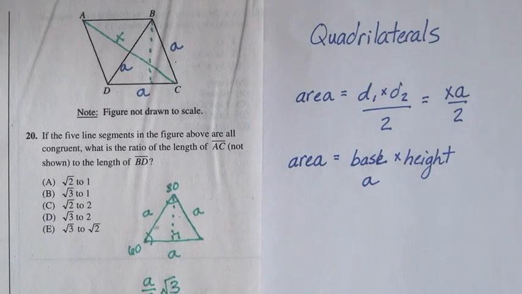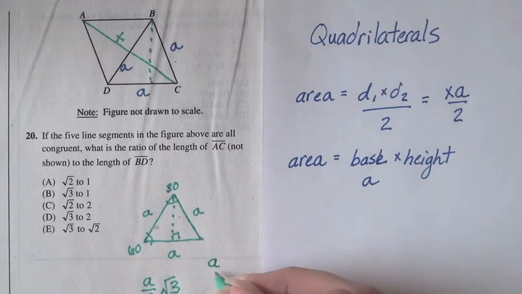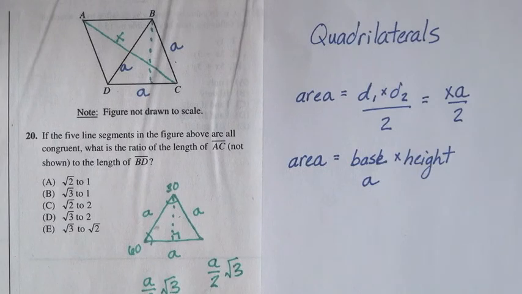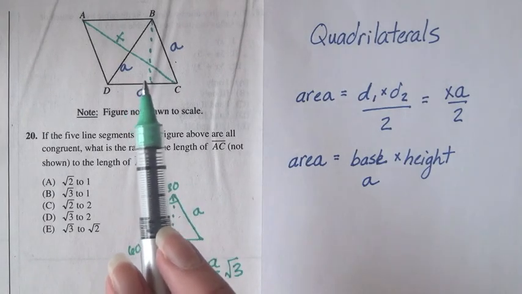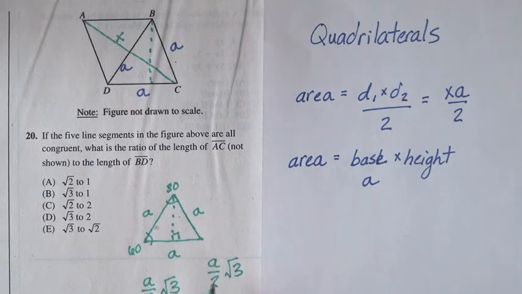That's the height of that equilateral triangle. Oops, that got a little bit cut off. That should be A over 2 times the square root of 3. That's better. So, using the 30, 60, 90 triangle relationship, we can find the height of this equilateral triangle, which is also the height of this rhombus. A over 2 times root 3.